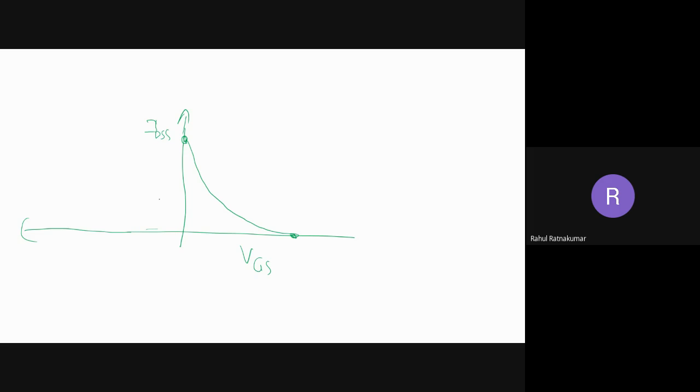Right. So this is the transconductance. I repeat, transconductance. Trans means output to input, basically an output to input ratio. Then conductance means inverse of resistance. So this should be current, this should be voltage. So this is nothing but IDS divided by VGS.